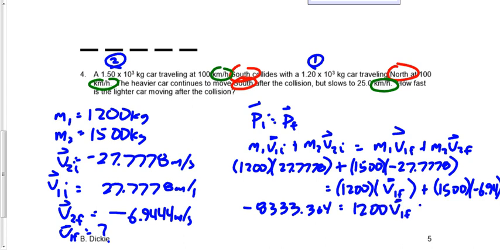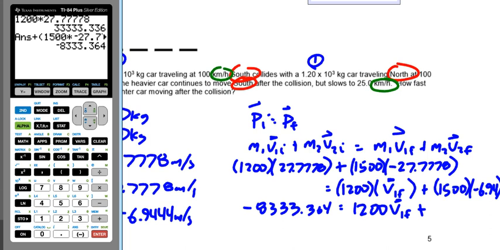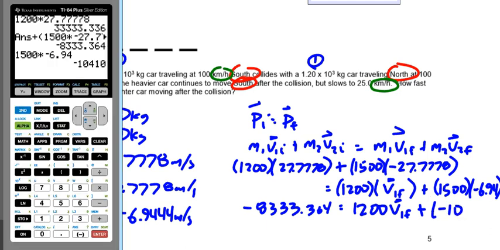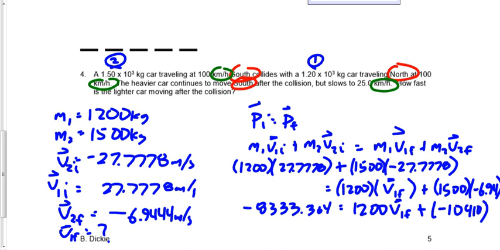Now let's figure out this number. If you're good with your calculators, you can do this all in one step, right? But only if you're good with your calculator. Let's say 1,500 times negative 6.94. So negative 10,410. I'm going to take the 10,000 over to the other side.